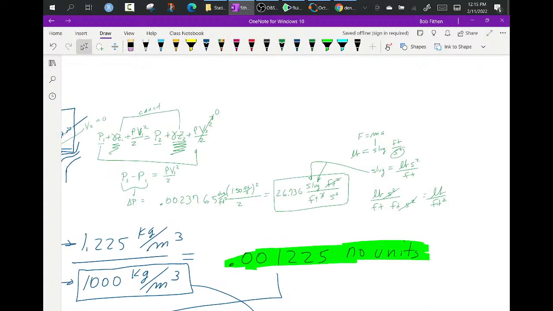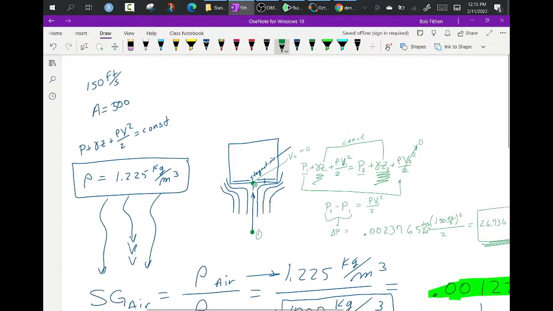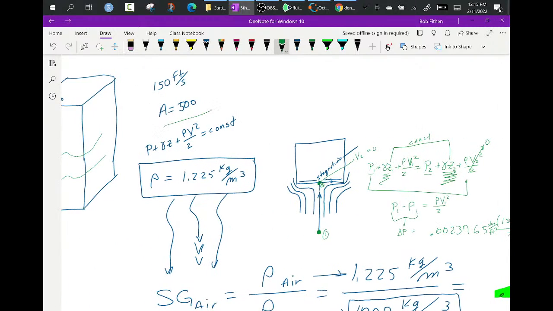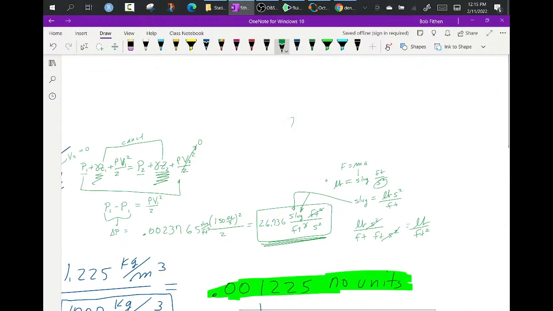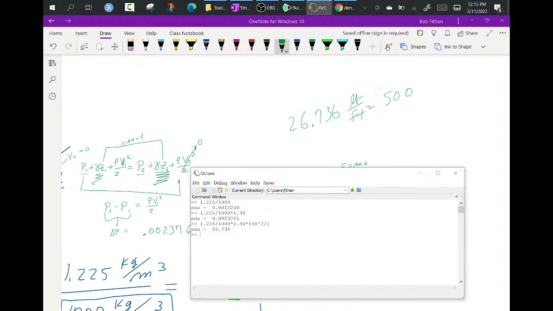Now if it's 26 pounds per foot squared, and it's 500 feet squared, 26 pounds times here. This is a conservative estimate because actually 13,000 pounds.